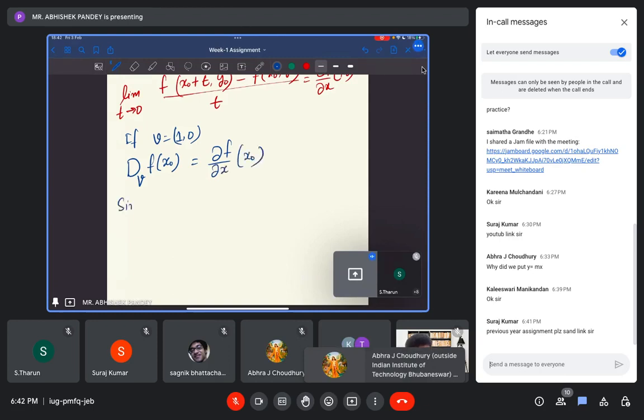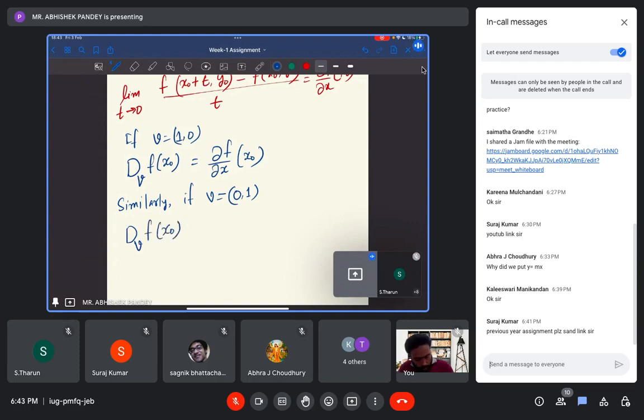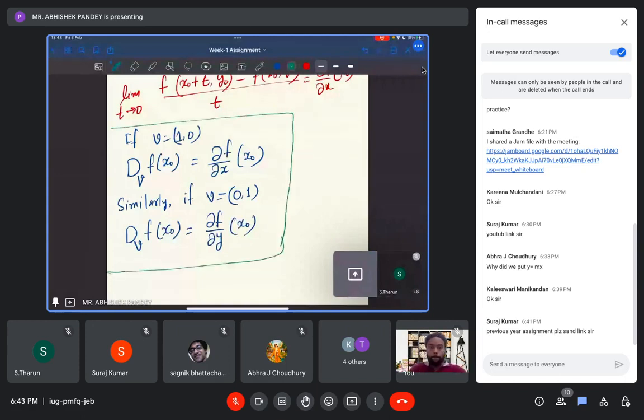Similarly, if v is 0 comma 1, your directional derivative of f at x naught in this direction v is nothing but the partial derivative of f with respect to y at point x naught. I hope this is clear. Is it clear to everyone? Yes, sir. Okay, good.